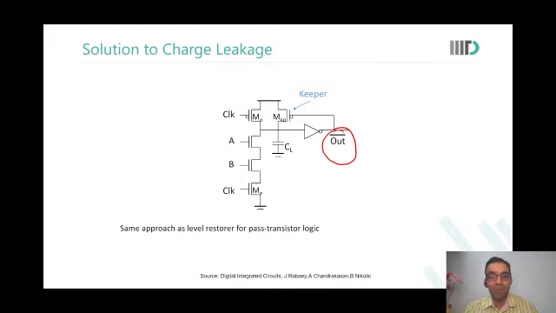Yeah. This is the primary purpose. Okay. So see, the functionality is only to recover the leakage charge. So you don't need much current anyways. Then another constraint is you do not want it to fight back the forward path. So you keep it small. Both the constraints lead you to keeping the keeper as small as possible. Okay, sir.